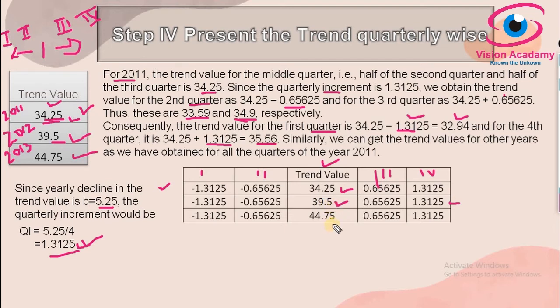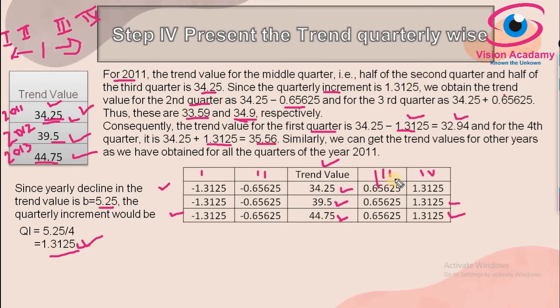In the same way we do the same procedure for 2013. The 2013 trend value is 44.75. For the second quarter we subtract 0.65625, for the first quarter we subtract 1.3125, for the third quarter we add 0.65625 to 44.75, and for the fourth quarter we add 1.3125 to the trend value.